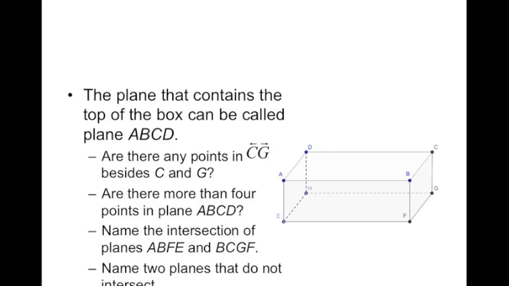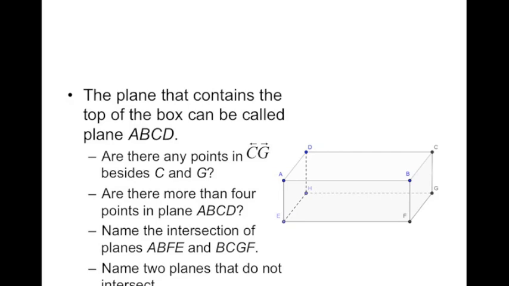So I could call the top of this box A, B, C, D, going around in a circle. I could call it D, C, B, A, still goes around in a circle. I cannot call it A, B, D, C, because that bounces back and forth. Okay? So when you name a plane, pick a point, it doesn't matter which point, go around. It doesn't matter which way, but don't bounce back and forth. Okay?